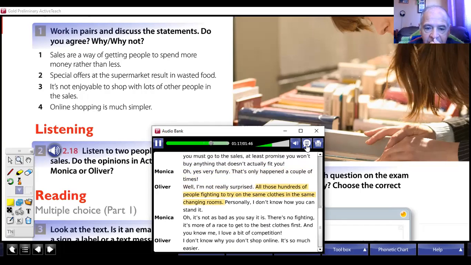All those hundreds of people fighting to try on the same clothes in the same changing rooms. Personally, I don't know how you can stand it. Oh, it's not as bad as you say it is. There's no fighting. It's more of a race to get to the best clothes first. And you know me, I love a bit of competition. I don't know why you don't shop online. It's so much easier.